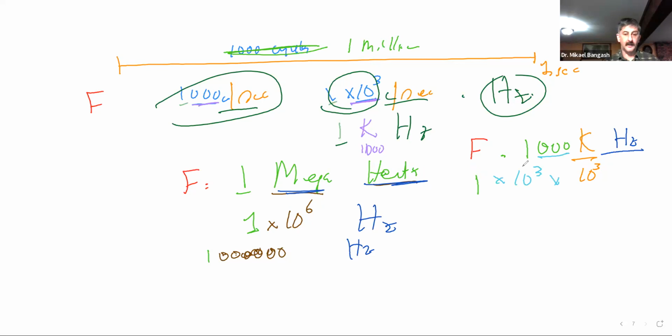It just ends up that 1 is 1, and your 10 raised to the power 3, as we did the other day, in this case we'll add these up, and the total becomes 10 raised to the power 6.